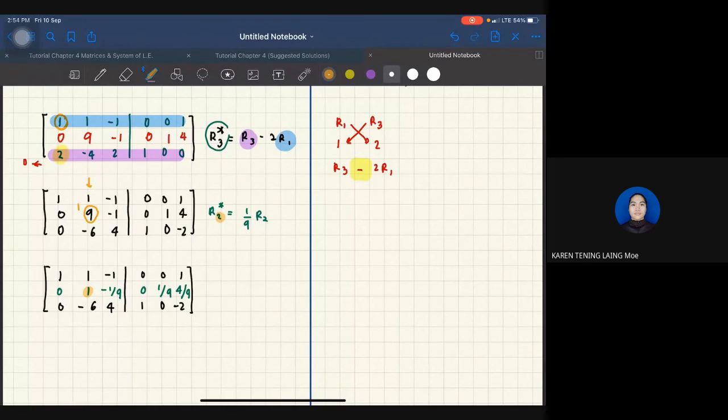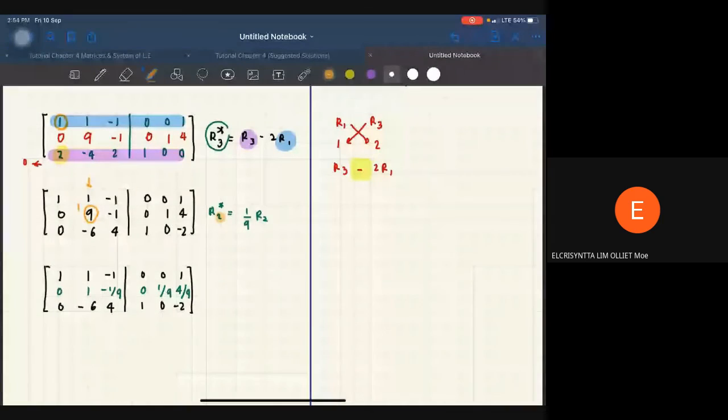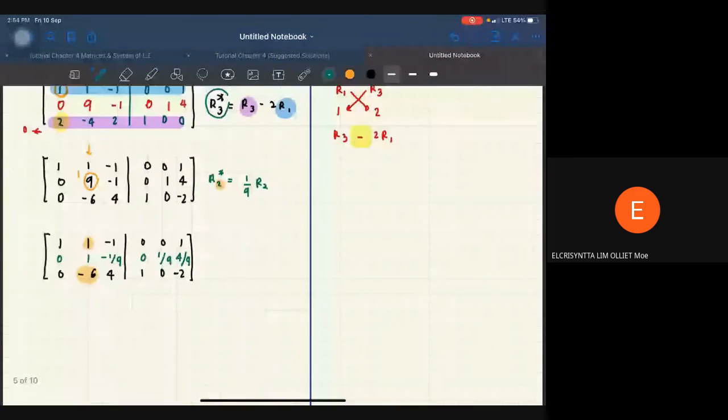Okay, so kita buat satu-satu dulu. Okay, so kalau tengok dekat sini, kita gunakan juga cara yang sama, tapi dia sebenarnya ada lagi cara yang senang. Sebab kalau awak tengok dekat sini, kita nak jadikan this one kosong kan? Okay, so kita akan gunakan row yang ada leading diagonal.